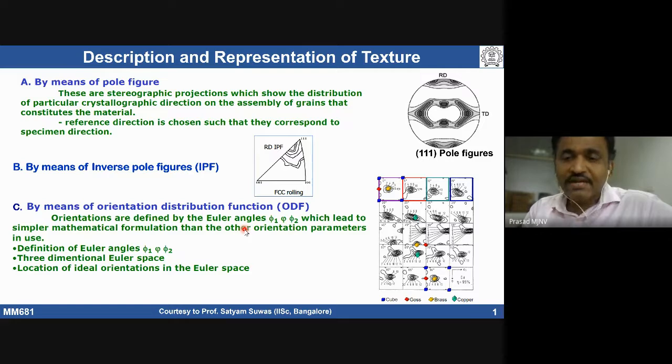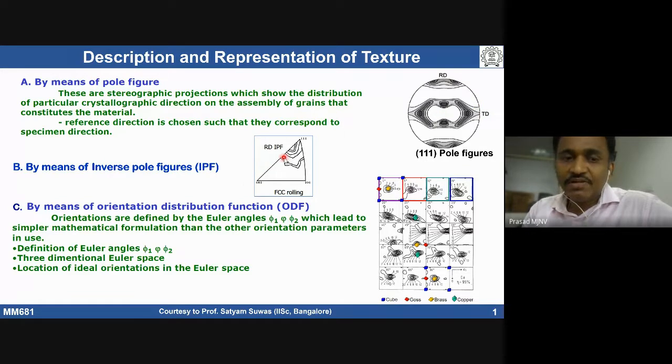The texture can be represented by different means, three important ones: the pole figure, the inverse pole figure, and the orientation distribution function. A pole figure uses specimen coordinates RD, TD, and ND: rolling direction, transverse direction, normal direction.